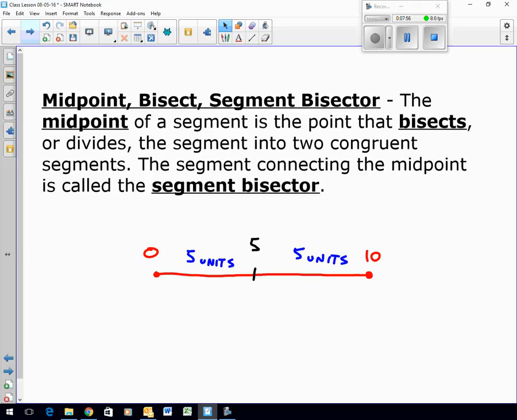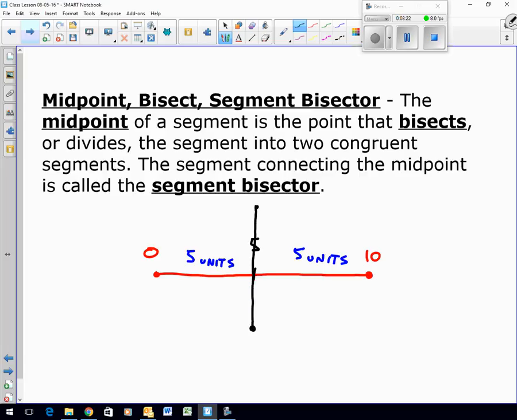Okay? The point in the middle is called the bisector. So this represents my segment bisector. That 5 right there represents my segment bisector. The segment connecting the midpoint is called the segment bisector. In other words, remember we had segments earlier in the class.